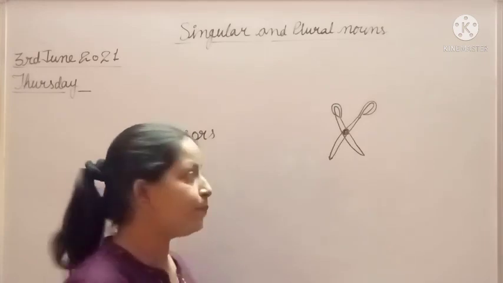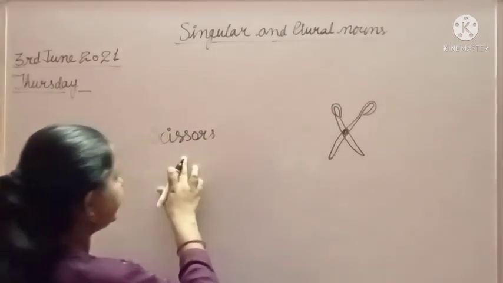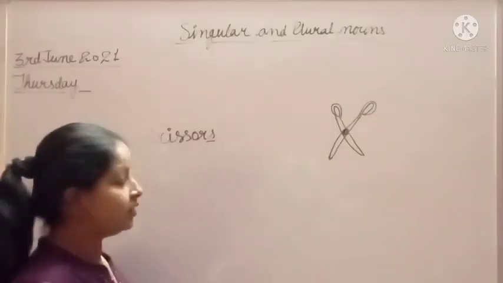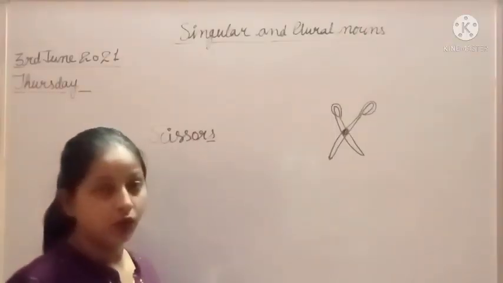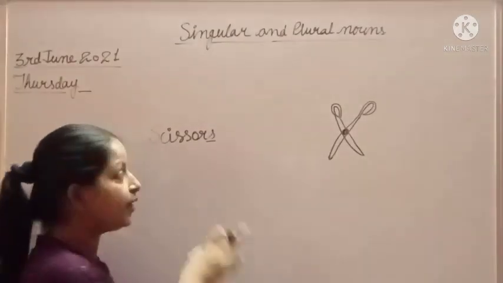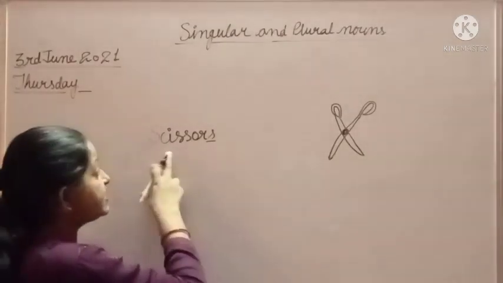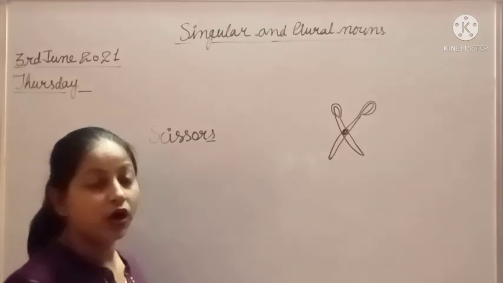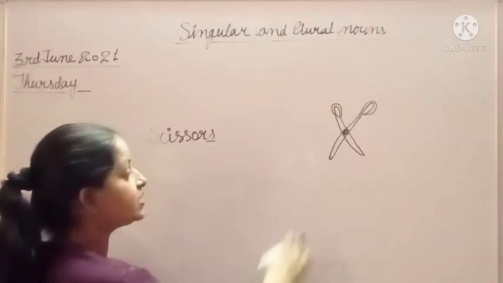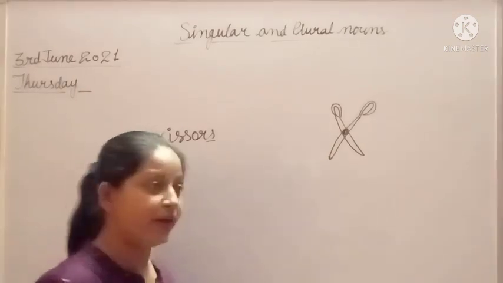Scissors is always in pair. That's why we write scissors. We can't say scissor. We say हम क्या कहते हैं? We say scissors always, not scissor, because it is always in pair.